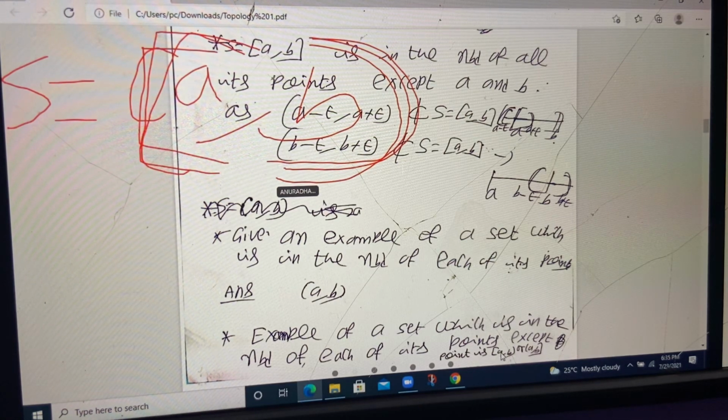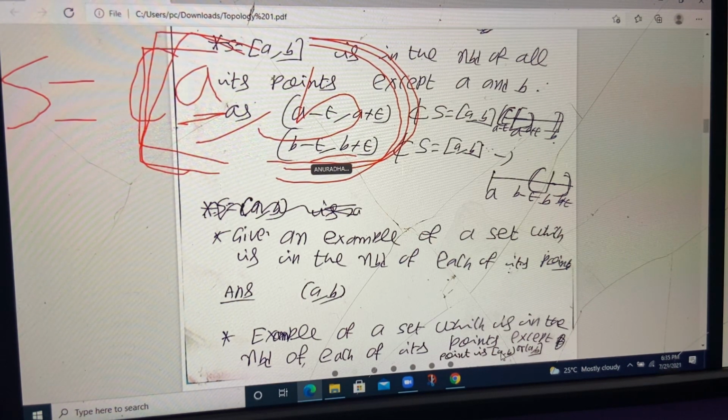So this end point A is not an interior point, because whenever end points are there and you take a neighborhood, part of it will be inside, part of it will be outside. So end points can never be interior points.